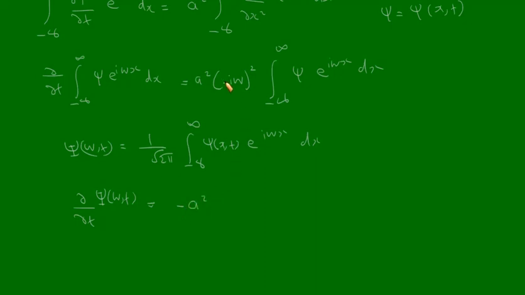Here minus 1 squared will be 1, then I squared gives a minus sign, so minus a square omega square psi of omega t.